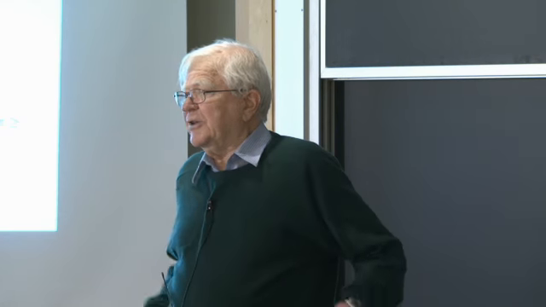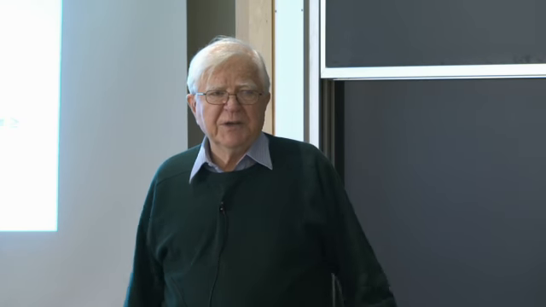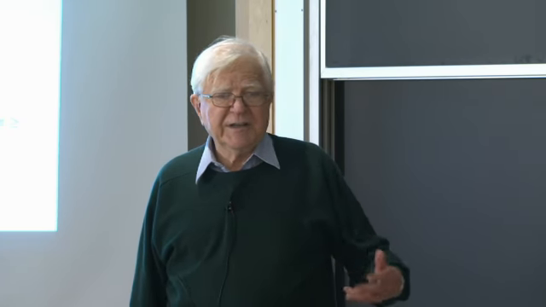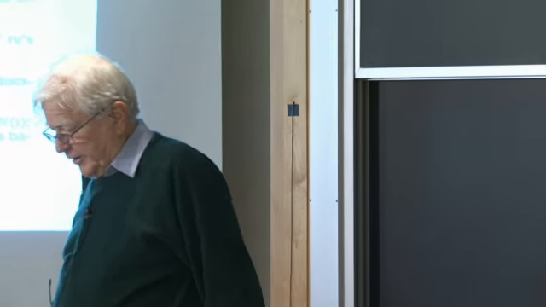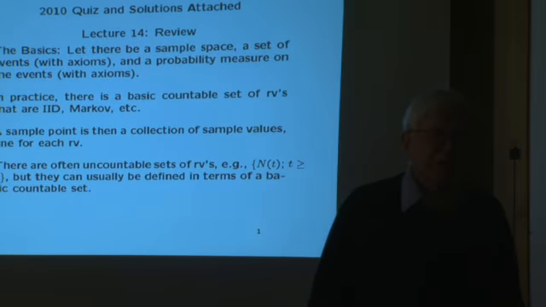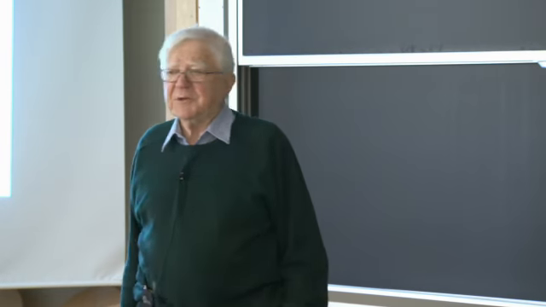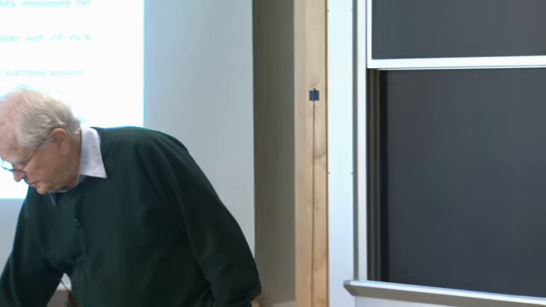But in almost all of those cases, you can define things in terms of simpler sets of random variables, like the interarrival times, which are IID. So most of the processes we've talked about really have a pretty simple description if you look for the simplest description of them.